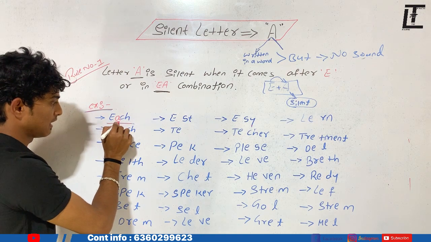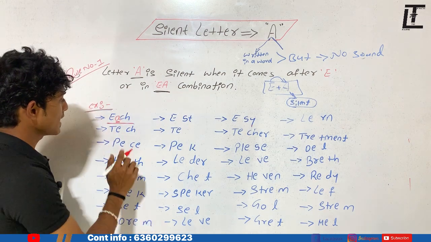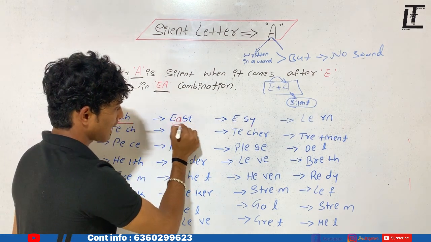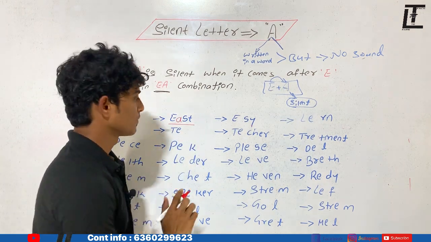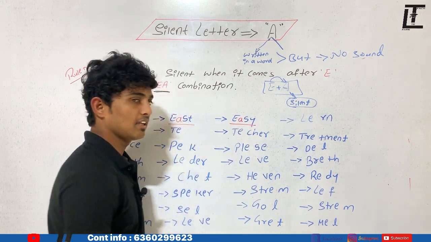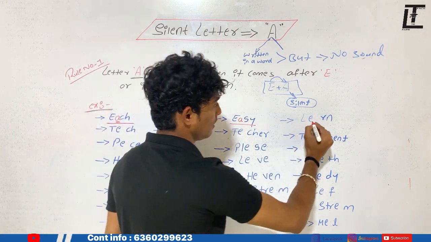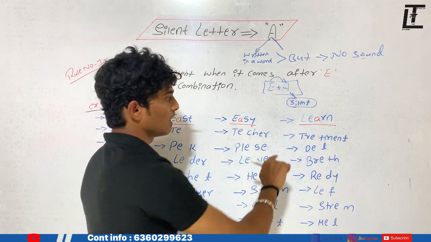So we don't pronounce this as E-H, we pronounce it as each. In the second word, we don't say E-Est, we say east. In the third example, we say not E-Z, we say easy. Same here, we say learn.